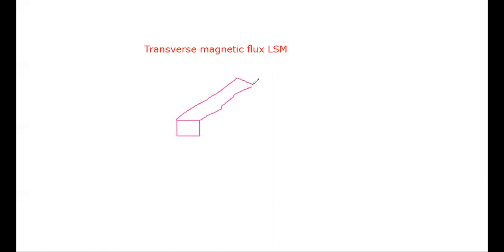Consider there is a primary here, that is nothing but a core, and the winding will be around this core, and this is our armature.